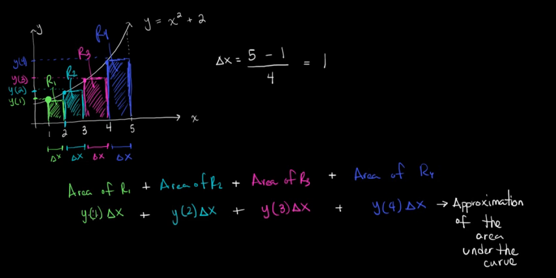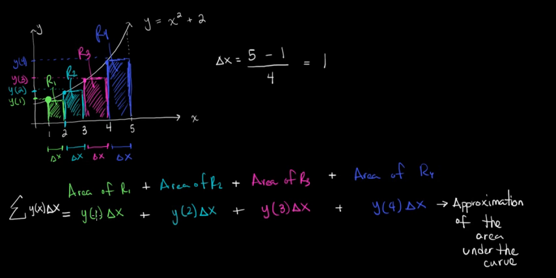But I want you to think about what we have here. It looks like I am adding up a bunch of terms. And if you think back to the previous video that we just saw, this looks like a sum of 4 terms. So this is actually equal to the sum of some function, it looks like y of x times delta x, right?